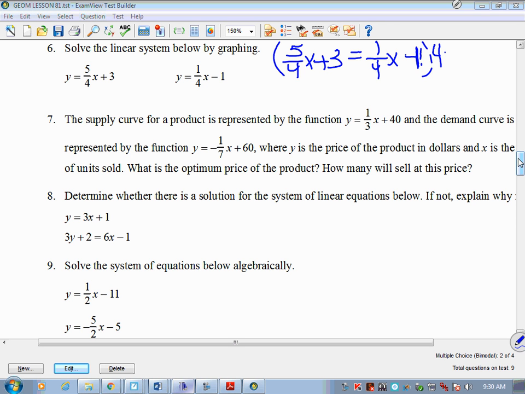What's 4 times 5? What's 20 divided by 4? So could I write 5x there? What's 4 times 3? 12. Okay, what's 4 times 1? What's 4 divided by 4? 1. All right, so I could just write x there. What's negative 1 times 4?